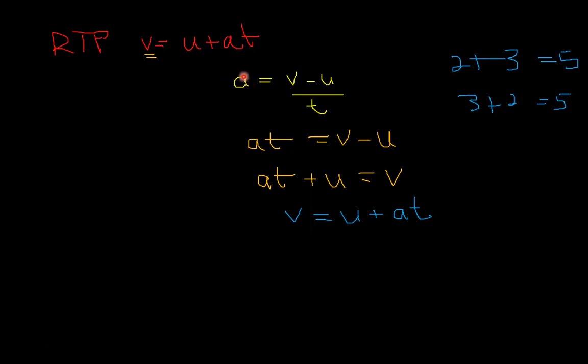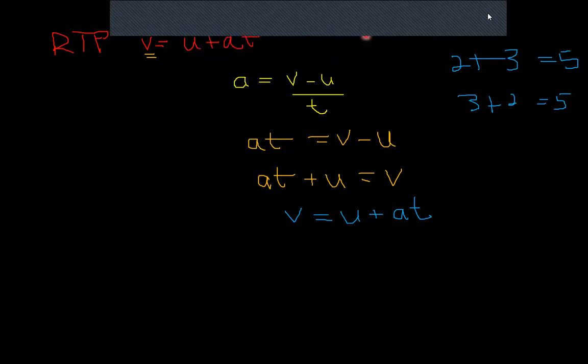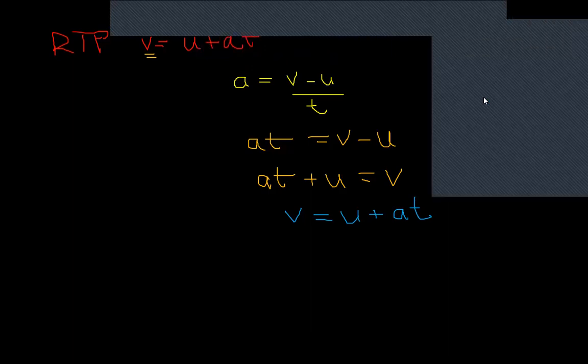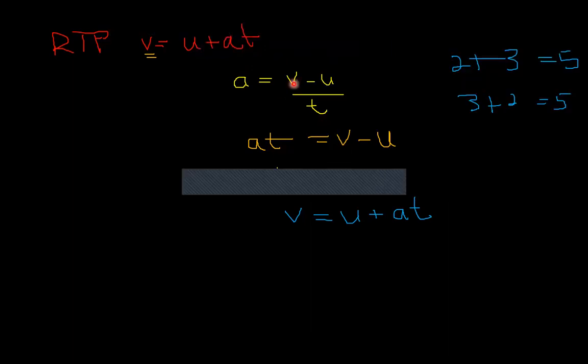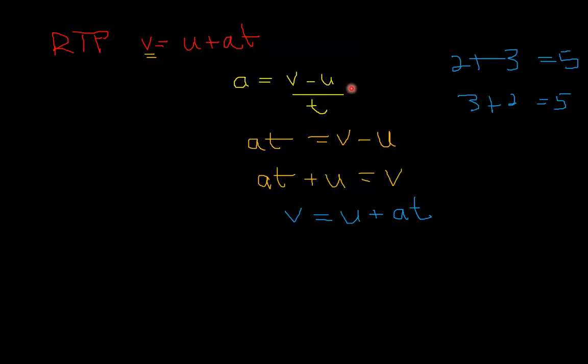From the definition of acceleration that we learned a while ago, the rate of change of velocity, how do we represent that? We said that A is equal to V minus U on T. V is the final velocity, U, initial velocity, T, the time taken between those 2 points.